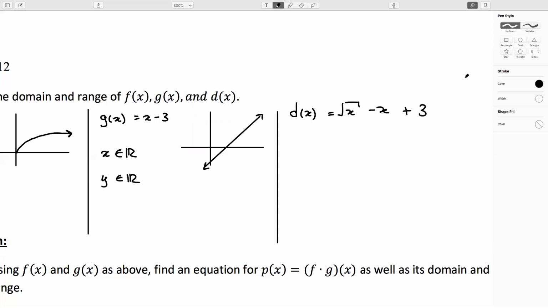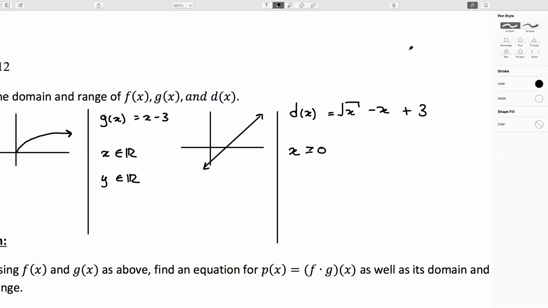If we go term by term, the 3 isn't going to cause us any issues. Minus x, you can plug any number into that, you'll be fine. But the root x gives us problems, and that's why it's related to the other function. Because root x is part of this, we can't have negatives for x. So I know right off the bat, x is greater than or equal to 0.